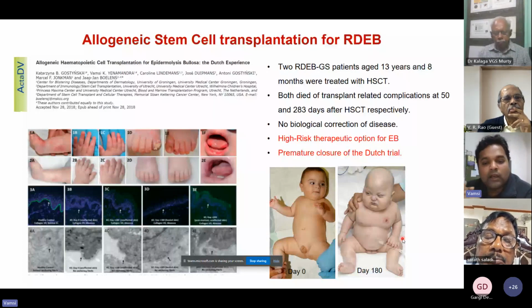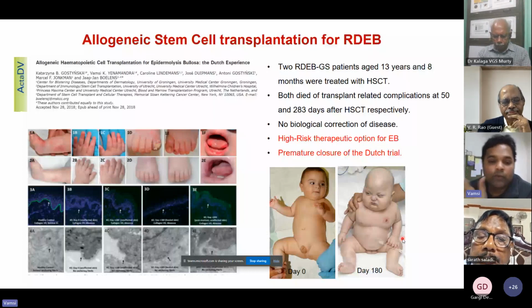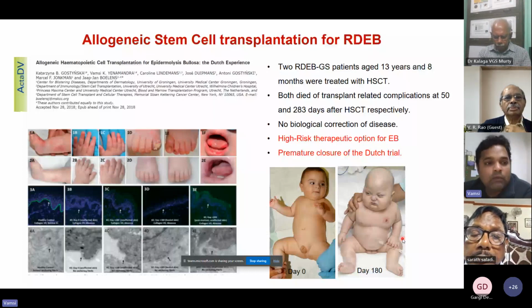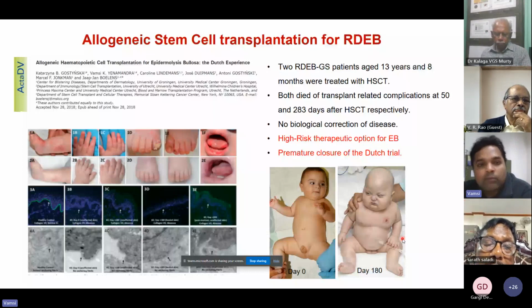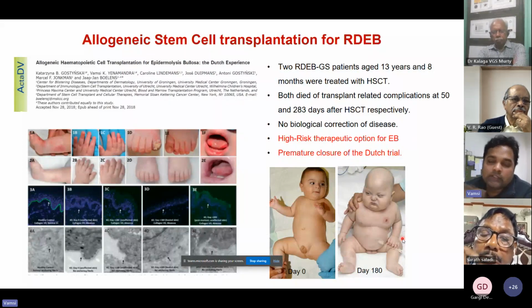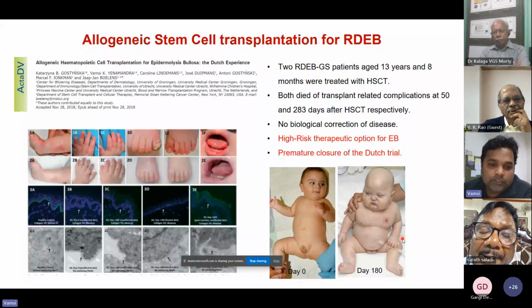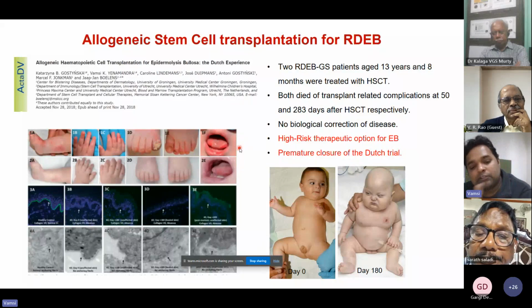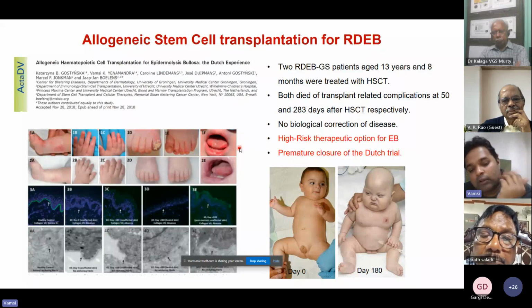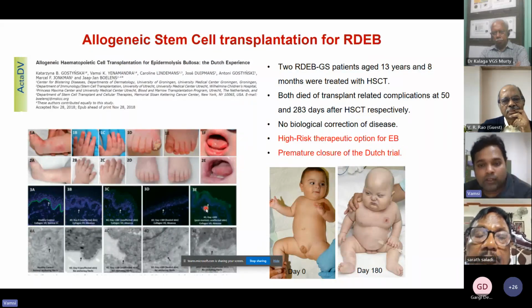When I went to the Netherlands, I had the fortune to lead a clinical trial where, instead of hematopoietic stem cells, we gave them cord blood stem cells along with mesenchymal stem cell infusions. While there was clinical improvement in the patients, we did not see any expression of collagen 7, either on immunofluorescence or on electron microscopy, and both patients died.